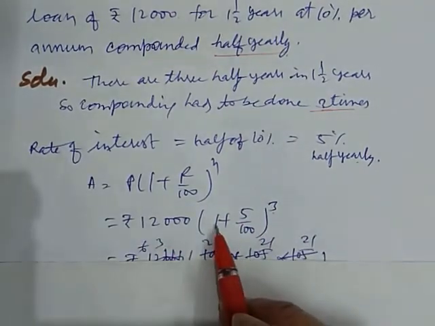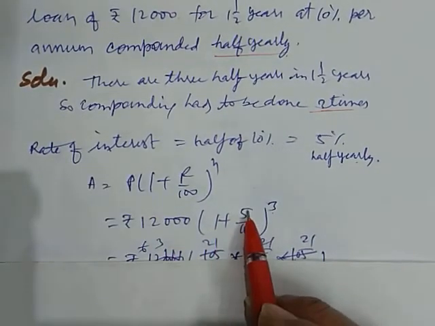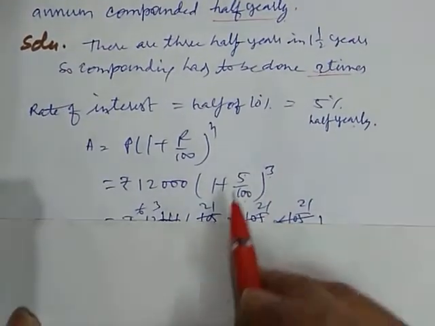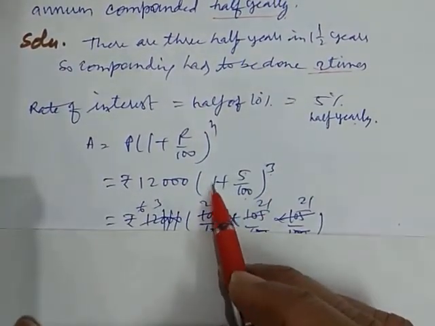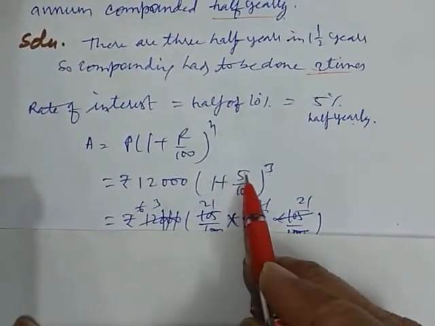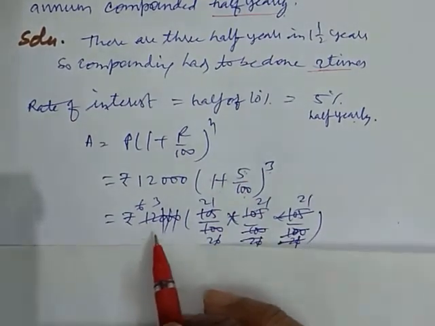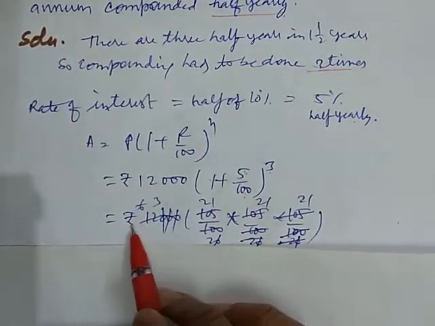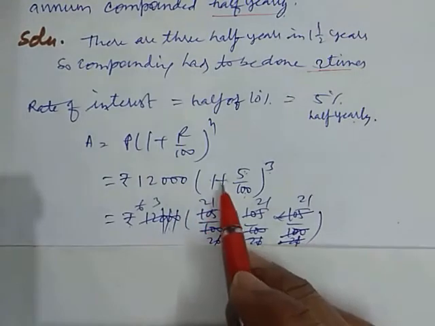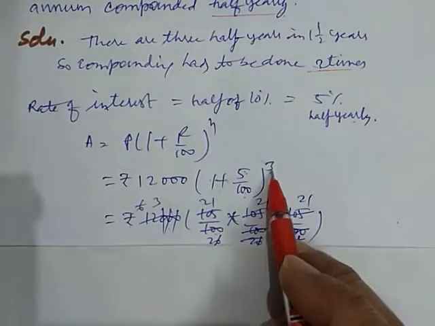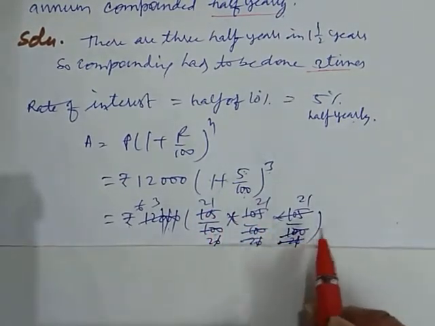So 1 plus 5 by 100. Taking the LCM, 100 plus 5, that is 105 by 100. Now, rupees 12,000 into 105 by 100, 3 times.